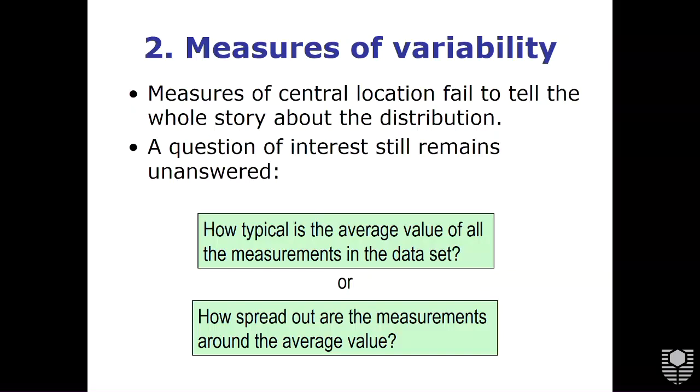For example, you have two types of investment, A or B, and some amount of money. You want to check which one is the less risky investment, or which one will give you a high return.